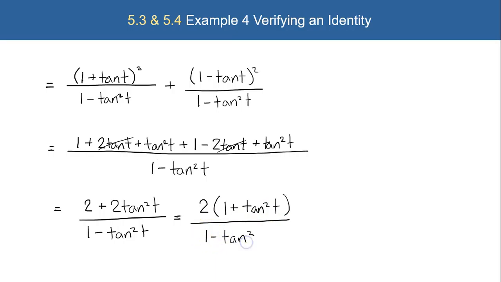Let's go ahead and write out the denominator. And 1 plus tangent squared t, using a Pythagorean identity, is equal to secant squared t. So we have 2 secant squared t over 1 minus tangent squared t. And that shows that all of that is equal to the other side. Then our identity has been verified.